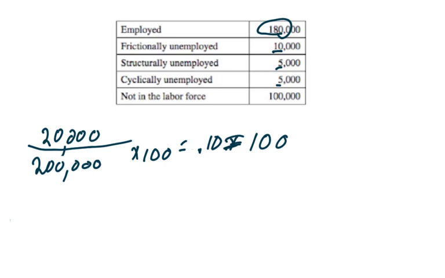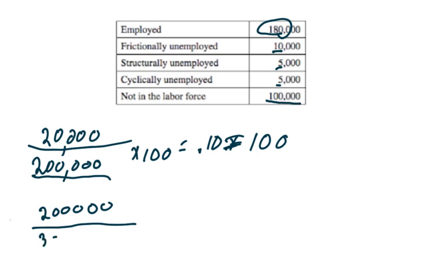What about our labor force participation rate? Again, the formula for that is the labor force over the entire population. We established that our labor force is 200,000 strong, so it's going to be 200,000 over the entire population. There are 100,000 people that are not in the labor force.